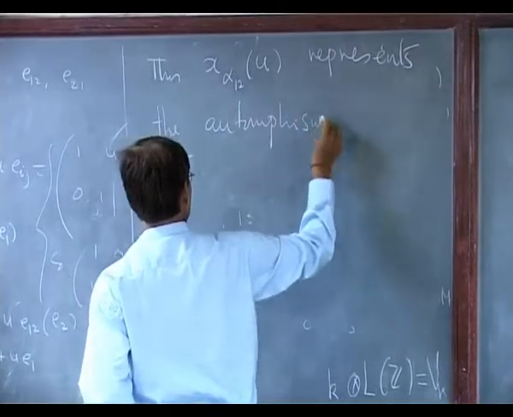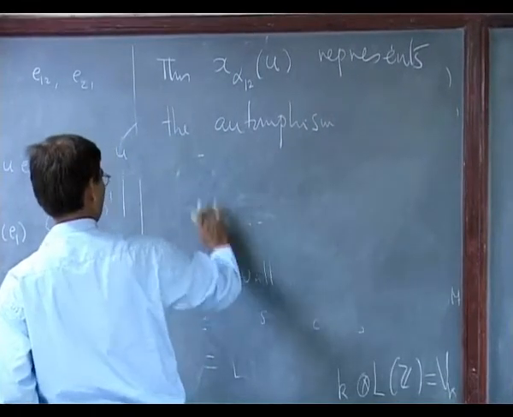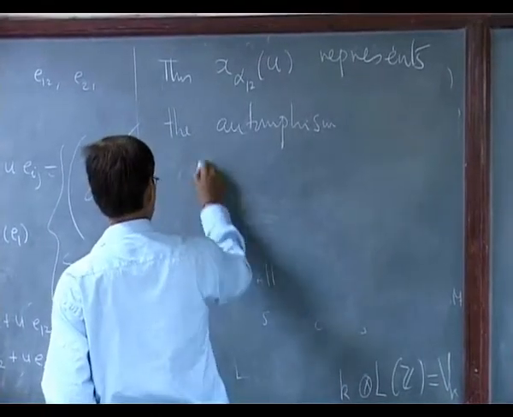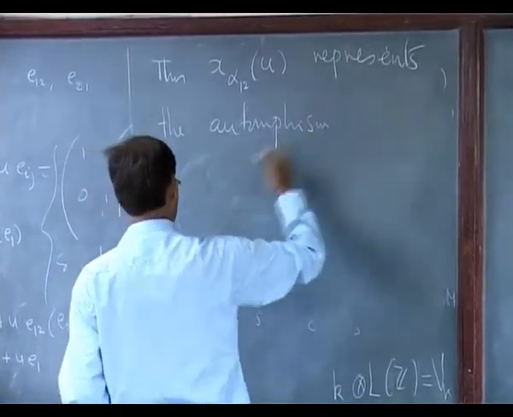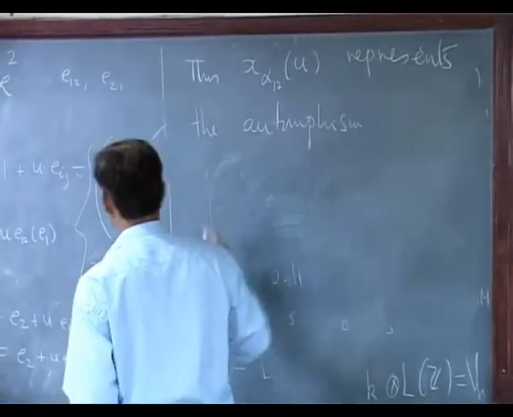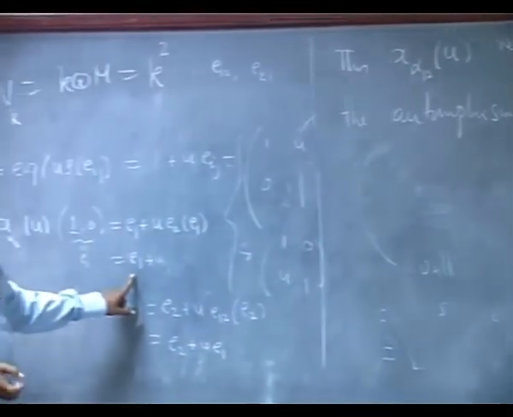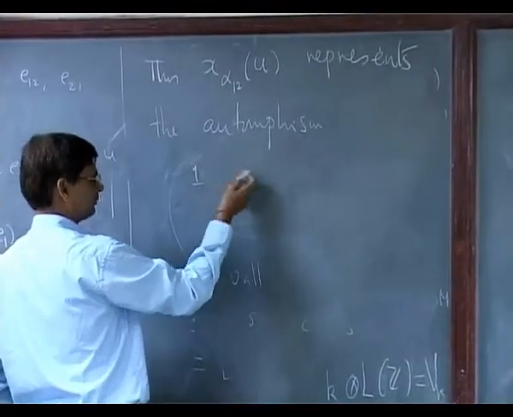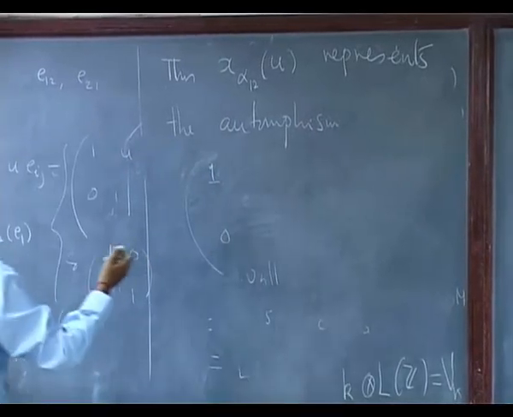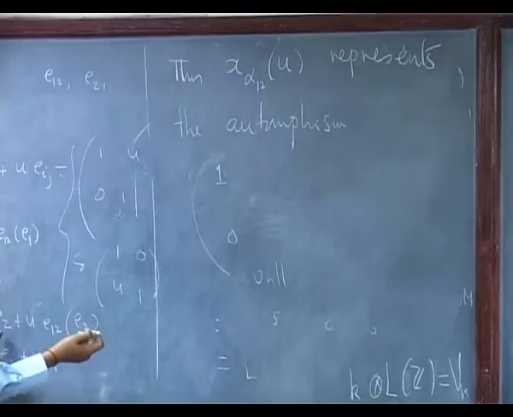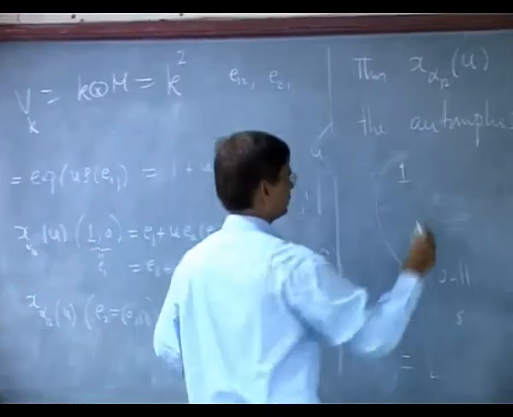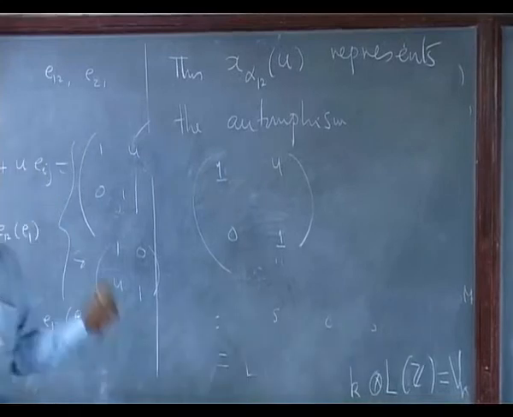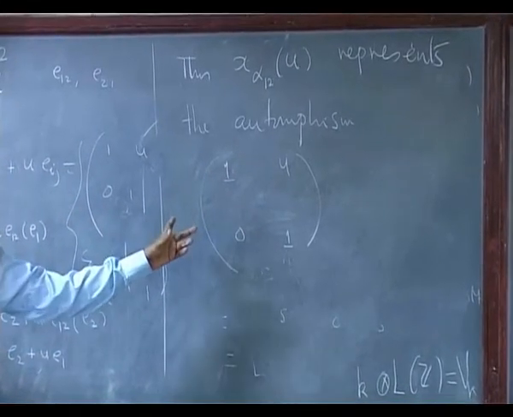Which automorphism? In the matrix form, writing it: it takes E1 to E1. Okay. So, that means (1, 0), and it takes E2 to E2 plus u times E1. Okay. So, this is u, this is 1 here. So, the transformation is exactly associated with this.